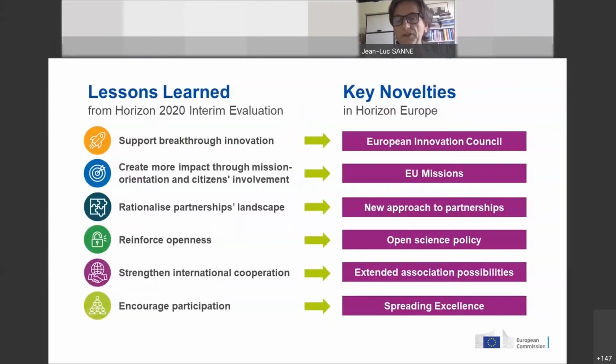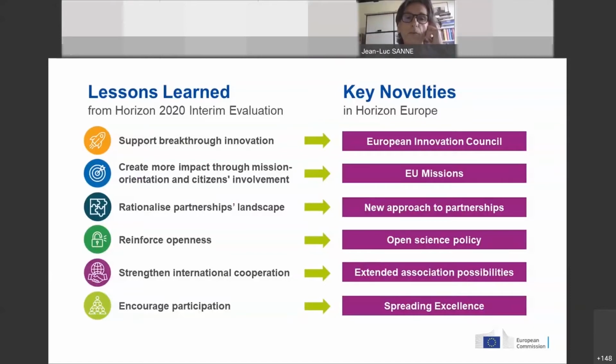When you consider this program, we try to learn lessons from the previous framework program. The first lesson is that we come now with a full and operational European Innovation Council, while it was a pilot in the previous program.